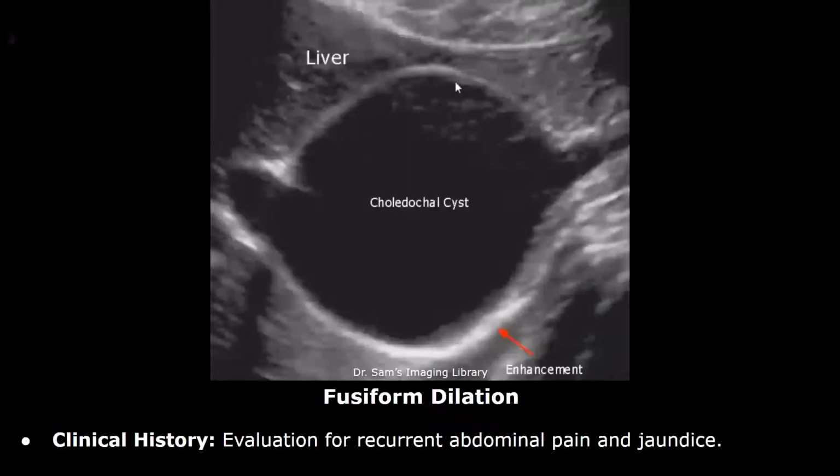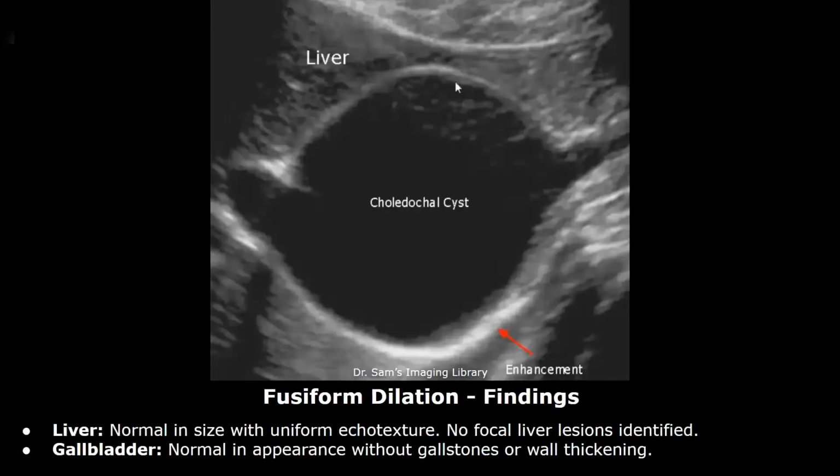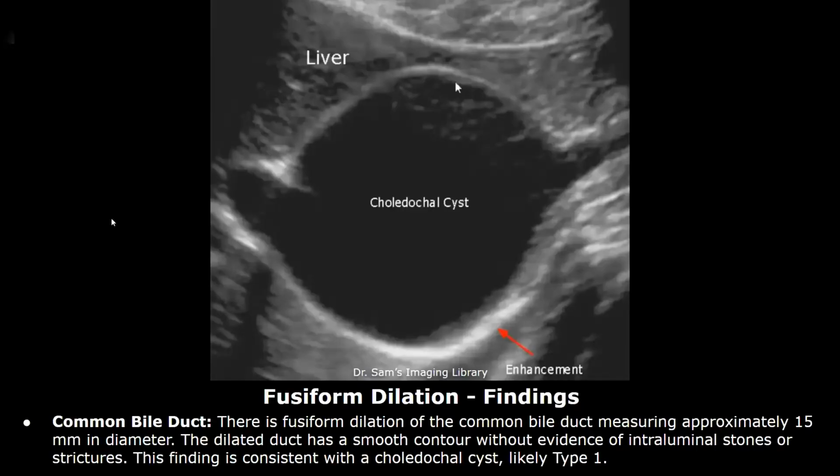Now we move on to pathologies. This report is of fusiform dilation. Clinical history: evaluation for recurrent abdominal pain and jaundice. Here are the findings. The liver and gallbladder are normal. Common bile duct: there is fusiform dilation of the common bile duct measuring approximately 15 mm in diameter.